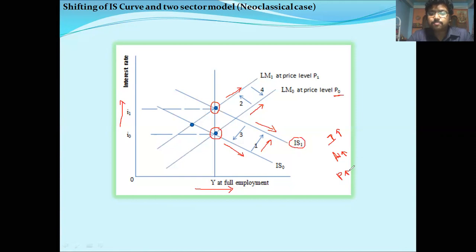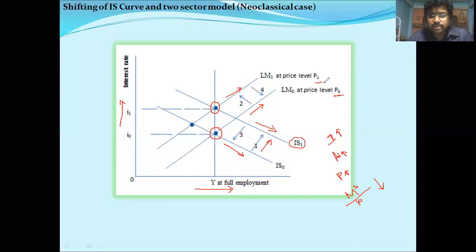As the price level increases, the real money supply, MS by P, will decrease. So the LM curve will shift up. So the new equilibrium in the money market is also this point, but at the price level P1.